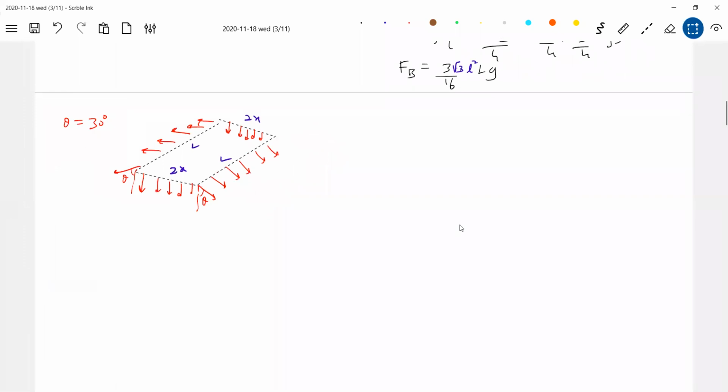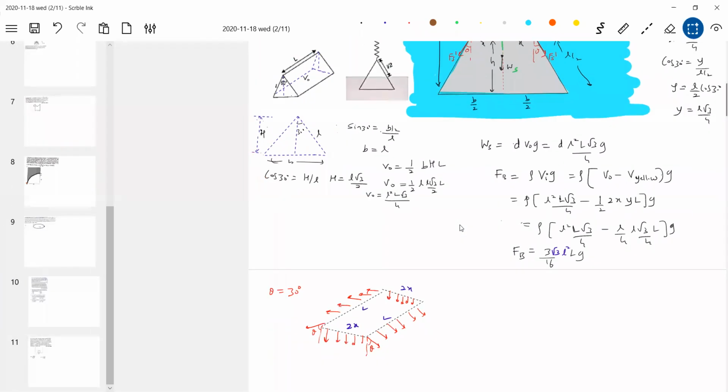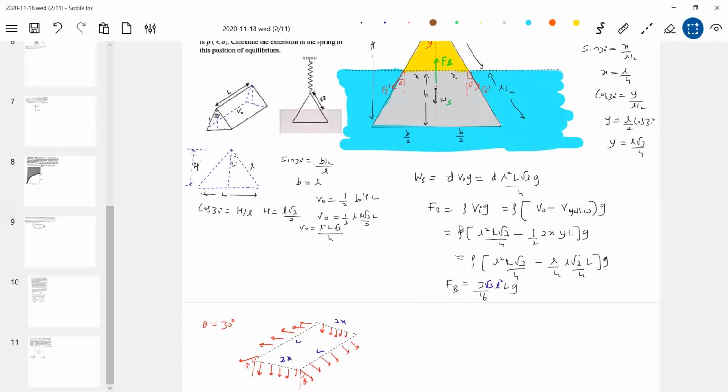Looking at this diagram, let's write force due to surface tension. It should be equal to 2x surface tension plus this will be 2L, okay, this will be L, surface tension cos theta. And this will be, again, one more L surface tension cos theta.